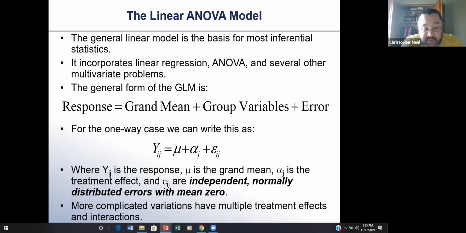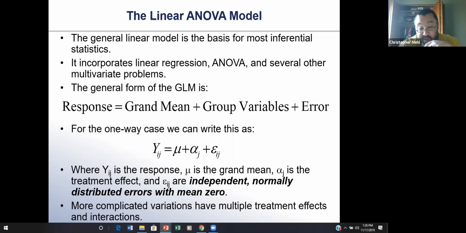We're using the same general linear model that we were using for linear regression. The general linear model is the basis for most inferential statistics. It's a framework that incorporates linear regression, analysis of variance, and their multivariate counterparts. The general form of the GLM is: your response equals some overall grand mean plus your group variables, so that's your effect due to your groups, plus random error.